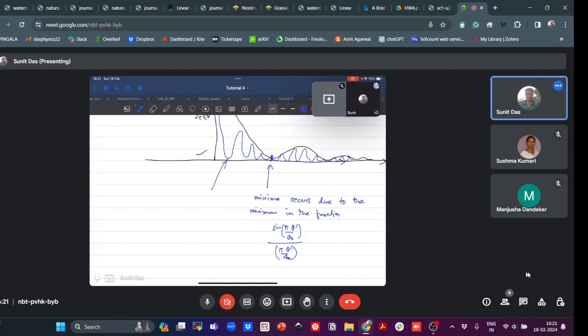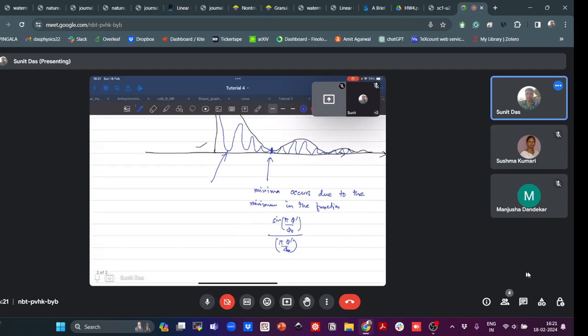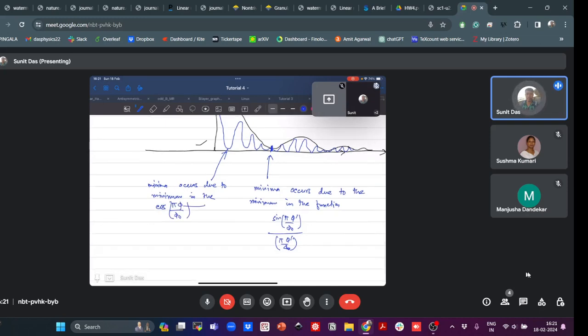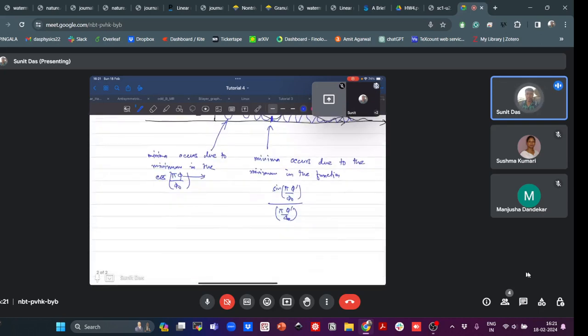This minima occurs due to the minimum in cos pi phi by phi 0. Again, as a reminder, phi is the total enclosed flux within the big circular loop C. And phi prime is the total enclosed flux by the Josephson junction, which is very small.